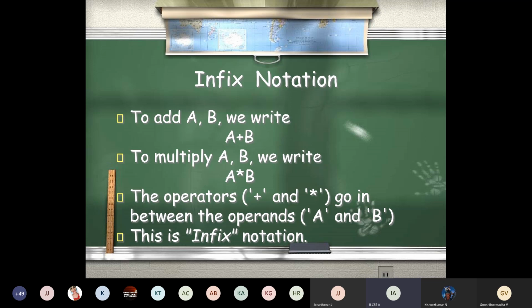And to multiply two values like a and b, we write a star b. In both cases, you have a plus or star in between the operands. This is a very simple example. The operators plus and star go in between the operands a and b. That is your infix notation.